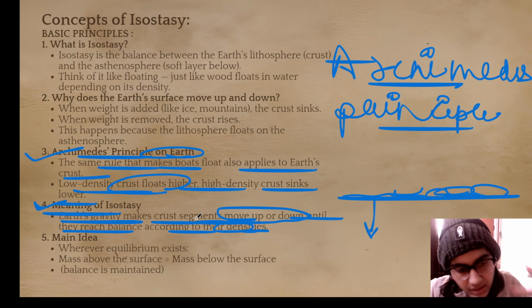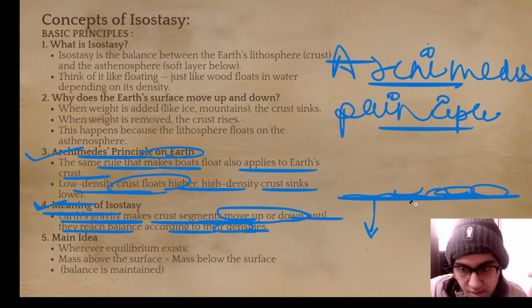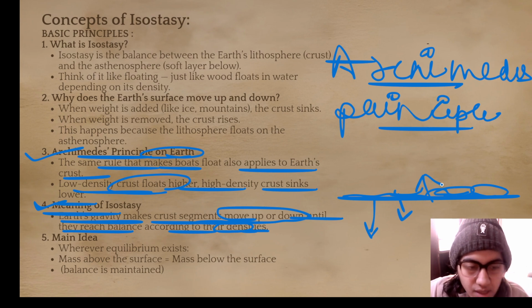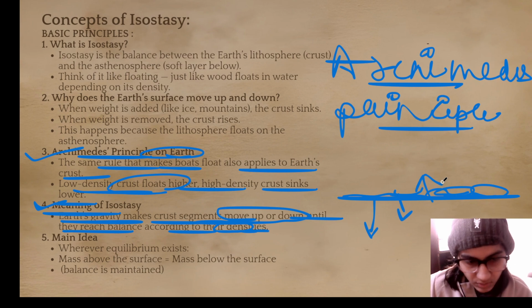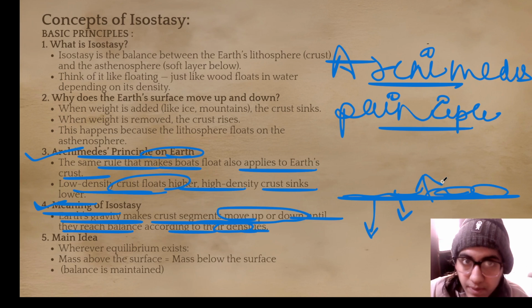These crust segments move up and down, not infinitely, until they settle according to their densities.